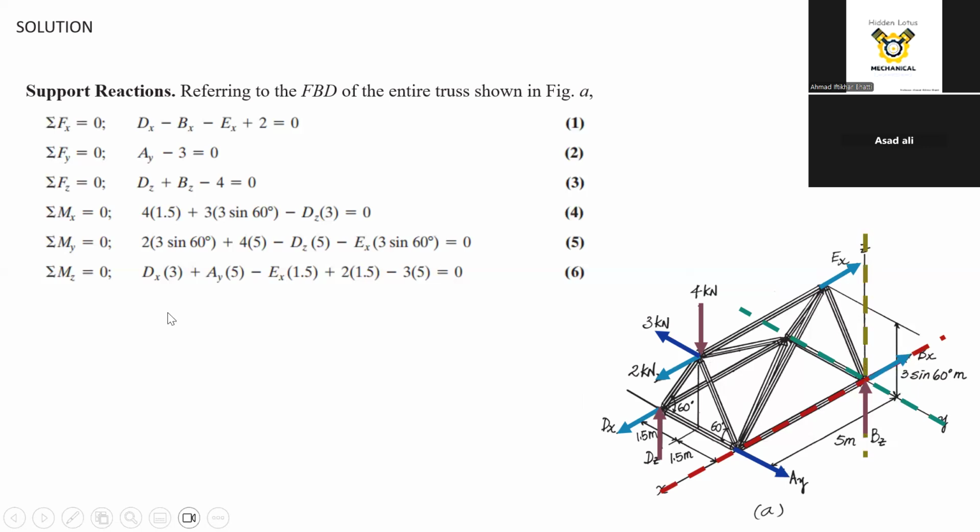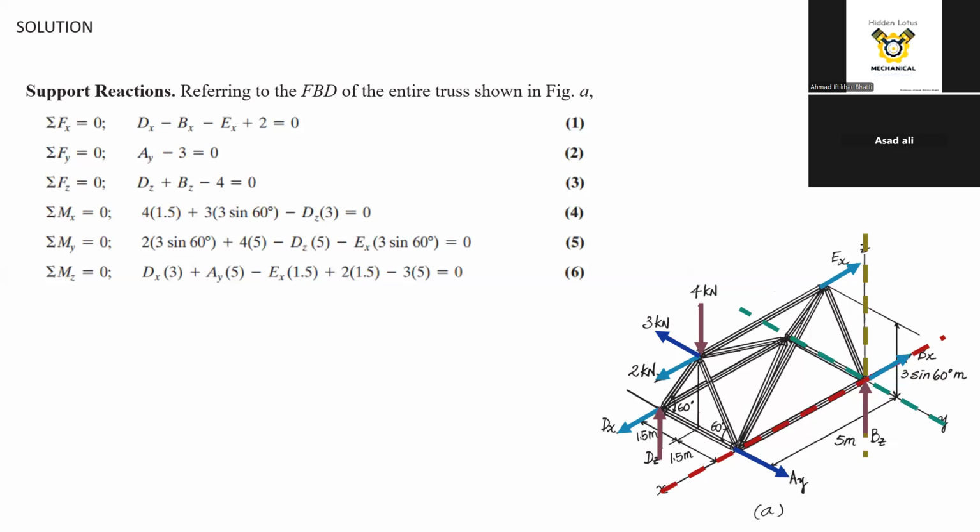While along the z-axis, you see we have the horizontal force at link D, which has a perpendicular distance of 3 meters. And we have a vertical force at link A, which has also a perpendicular distance of 5 meters.